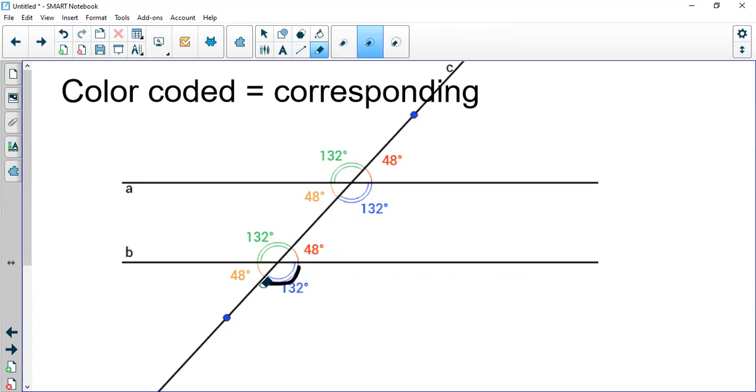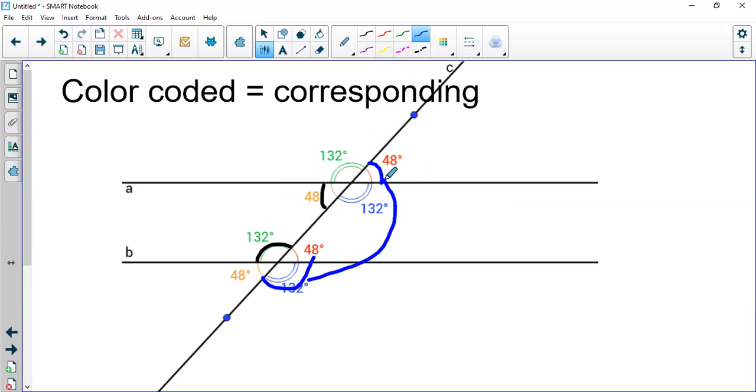Okay, and then we also have a relationship among the same side angles. So I have same side interior angles. This 132 and this 48 would be same side interior. And notice they're not congruent anymore. They're not equal. They actually sum to 180. So they're supplementary. And then in another color here, we also have same side exterior angles.